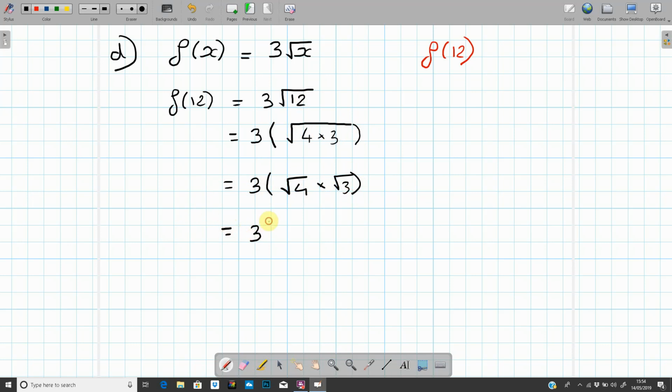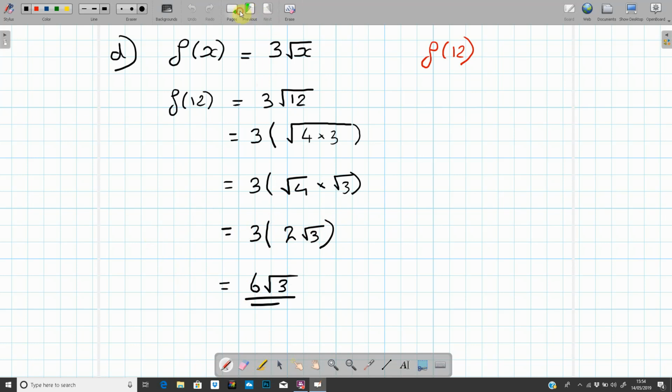So then 3 still outside. Root 4 simplifies to 2, and the root 3 stays as it is. Now, the 3 is just going to multiply the coefficient at the front. It's not going to do anything inside the square root sign. So your final answer becomes 6 root 3. And that is your final answer.